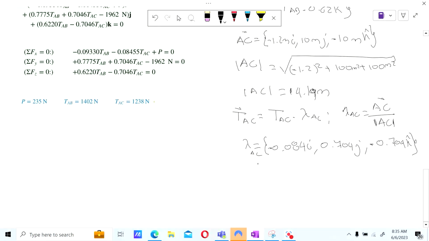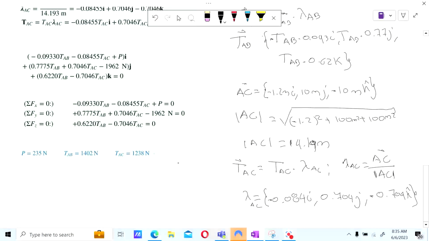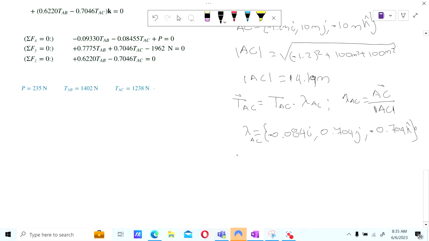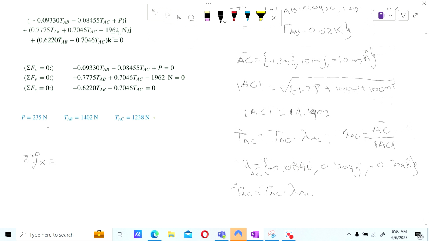So the only thing we have to do next is get our tension. So our tension AC equals T AC times lambda AC. So it's basically multiplying by each component. All right, so this is the moment where we do our summation of forces. So summation of forces in X equals, what do we have in X?